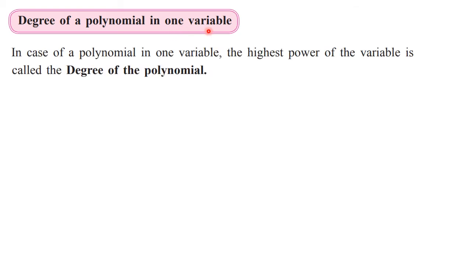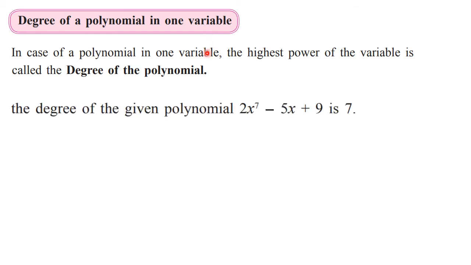Now after this, we will see what is the degree of a polynomial. We are going to see both the degree of polynomials in more than one variable and the degree of polynomial in one variable. Let us take some examples so that you can understand it better. Here you have the polynomial 2x raised to 7 minus 5x plus 9.